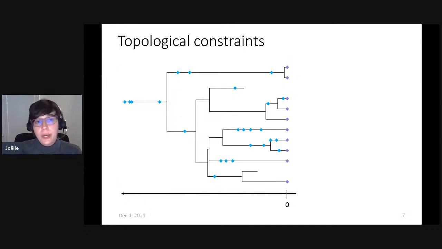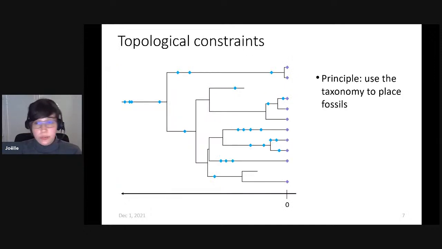Now, the first way to do that has a very simple principle, which is to use the taxonomy to place the fossils. After all, most fossil specimens are classified in the taxonomy. They're assigned to a specific genus, or they're assigned to a specific subfamily, depending on how well the fossil is resolved, and so on. And within that same genus or subfamily, or other classification, you're also going to have other fossil specimens.